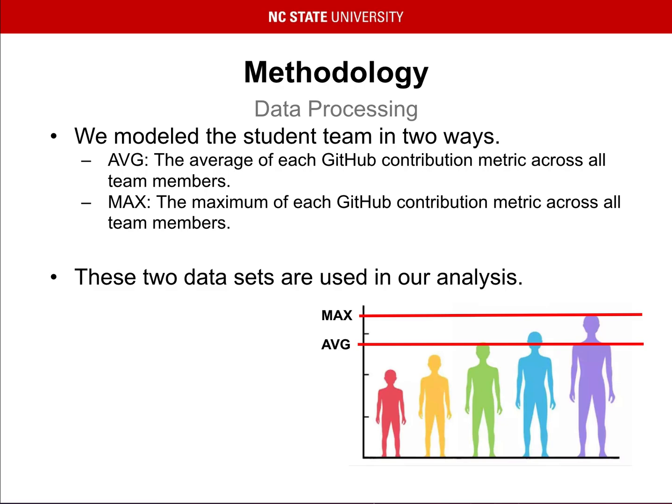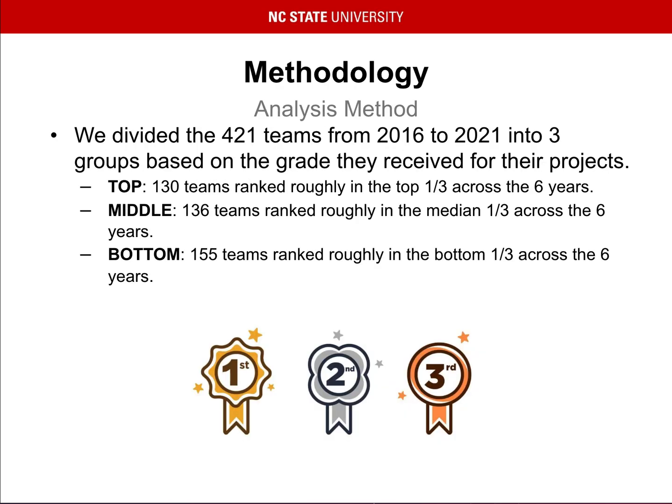We took the average of each GitHub contribution metric across all team members to model the average technical ability of a team. We also took the maximum of each GitHub contribution metric across all team members to model the maximum technical ability of a team.